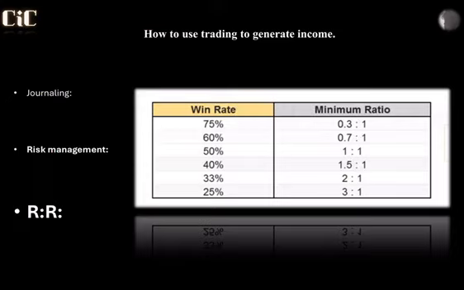This is the only purpose any of us has got into trading, is to make money. Correct? Correct. This is how it's done. Understanding these three things: journaling, risk management, and risk to reward ratio.